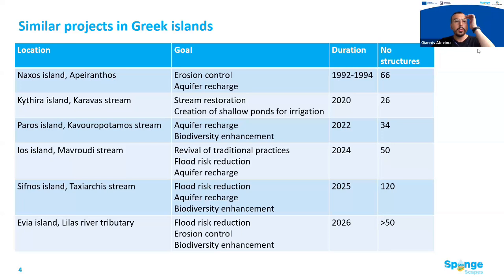Then, during the last 5 or 6 years, there's been a boom of case studies with traditional stone check dams in Kythira, Paros, and Ios Islands. Now a similar project is in action in Sifnos Island with 120 structures, and another one in Evia Island will be implemented in the following year.